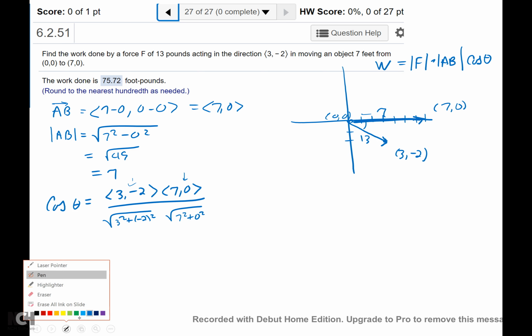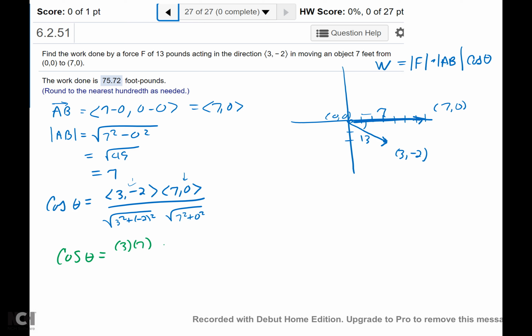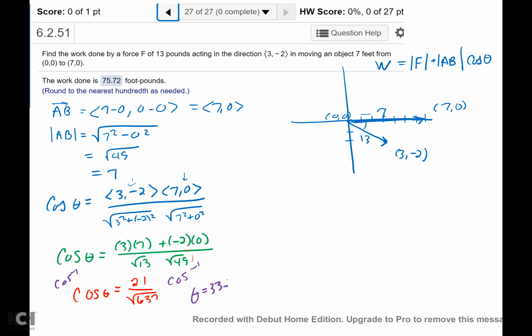So that gives me cosine theta equals 3 times 7 plus -2 times 0 over the square root of 13 times the square root of 49. This would be 21 plus 0, so that's 21 over the square root of 637. I didn't simplify that this time. And then when you arc cosine, you get theta equals 33.7 degrees.